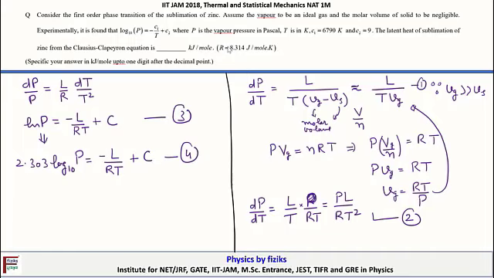Now this can be further rewritten. Actually we want to write this equation in the form of the equation given to us, so we have to adjust the coefficient and the constant term with the other terms.